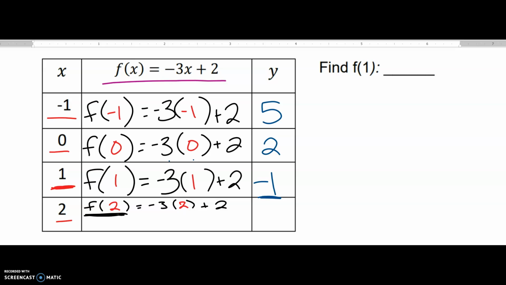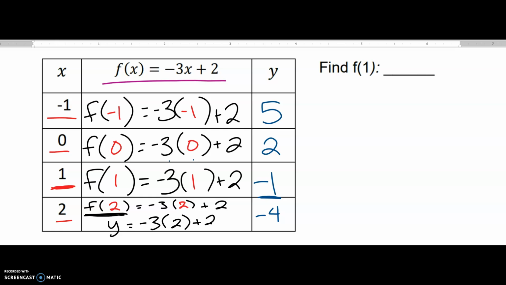That is the exact same thing as saying y is equal to negative 3 times 2 plus 2. So don't forget that f of 2 is one thing all by itself. It's not something else that you're adding in. You're just saying specifically we're looking at our function when x is 2. And when we do that, we multiply negative 3 times 2 to get negative 6. Negative 6 plus 2 is going to give us negative 4 for our output.